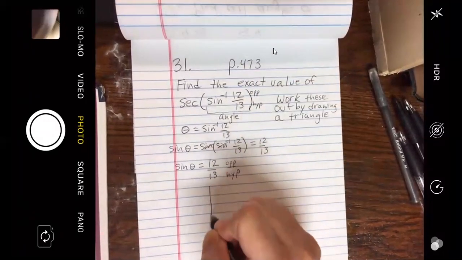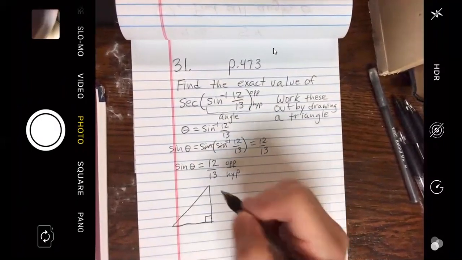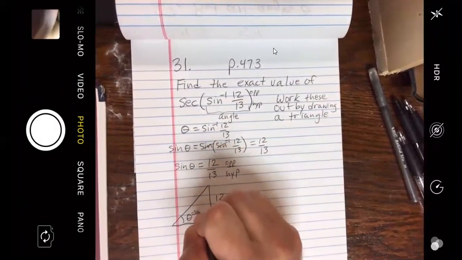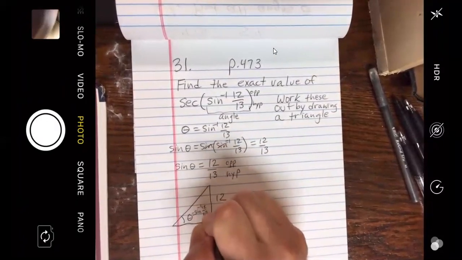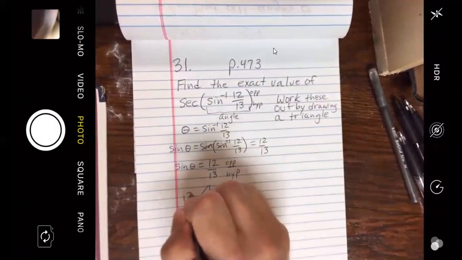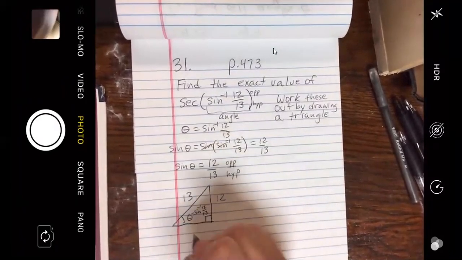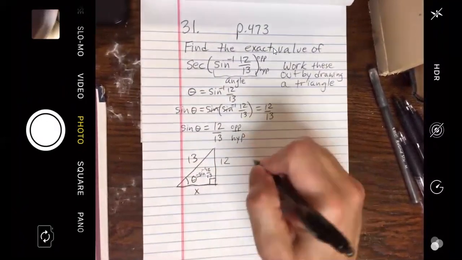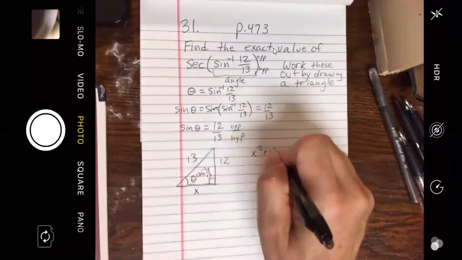So I draw a triangle. Opposite's 12, we'll put the angle here, and yes, you could call this arcsine of 12 over 13, and the hypotenuse is 13. I'll just call this leg x. So x squared plus 12 squared has to total 169.